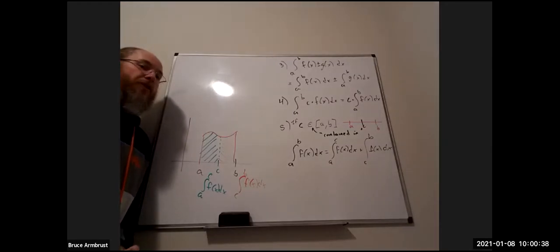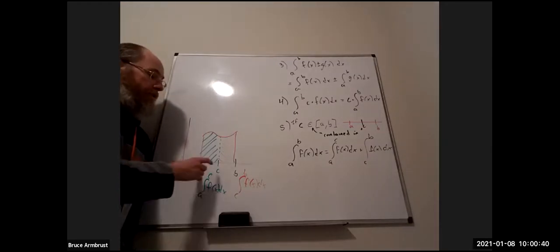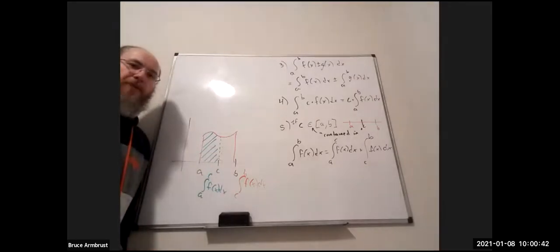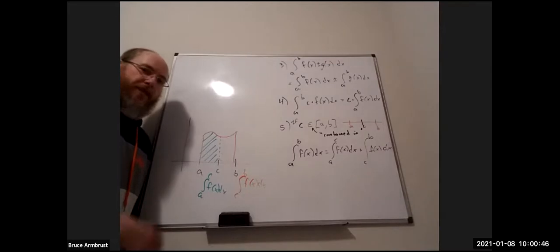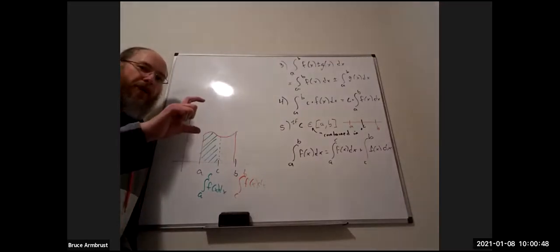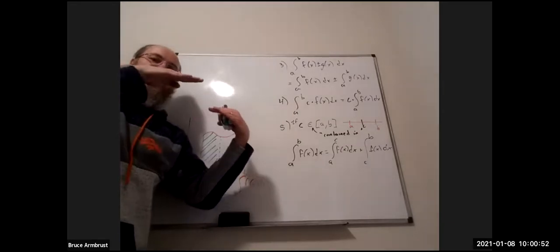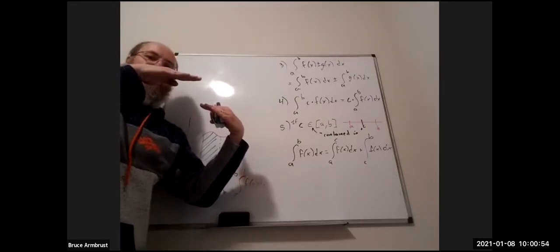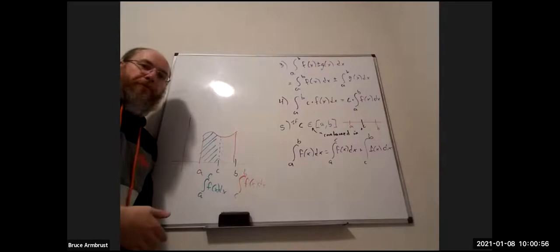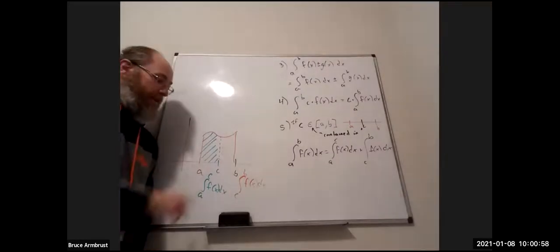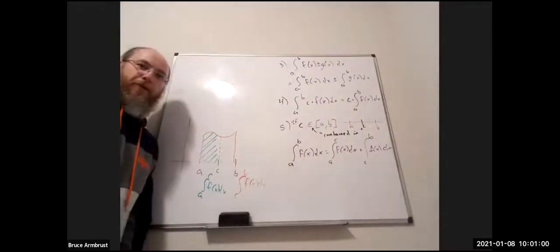You can have discontinuities as long as you can split it into a bunch of regions that are continuous. So this takes care of discontinuities like jumps. Remember those discontinuities where you're coming in from different sides and you get different limits? No problem. Break it up right there into those smaller integrals and we can do it.